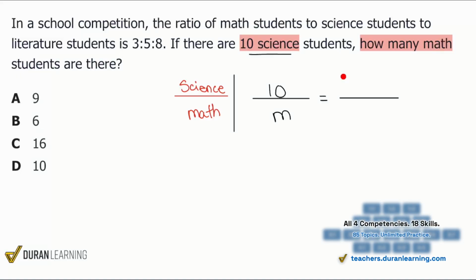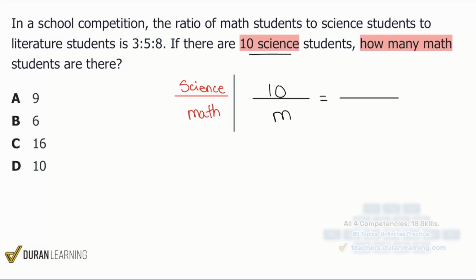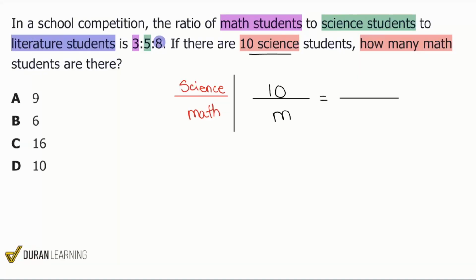Up next, that right there is my goal. I'm just trying to compare, right over here, science, and then down here, I want to plug in the number that represents math. Not total, not difference, not literature, but again, science and math. That's what it's all about. So here we go. From the ratio that we're given here, everyone, where they say the ratio of math students to science students to literature students here, when we see that ratio, which number represents science?